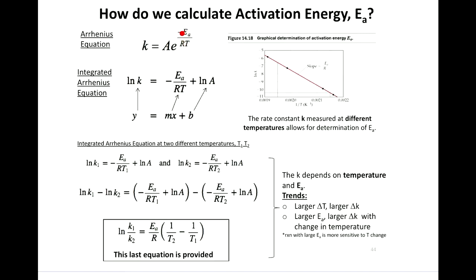So in order to calculate activation energy for a reaction, what we need to do is look at at least two reaction conditions, so the same reaction at two temperatures. So if I can determine the reaction rate for a reaction at two different temperatures, I can basically graph the Arrhenius equation twice to make the integrated Arrhenius equation. And what comes out is our activation energy for that particular reaction with a constant of R within there.